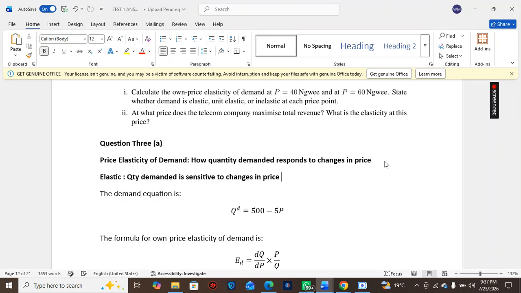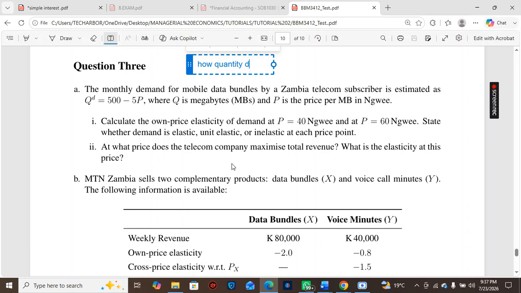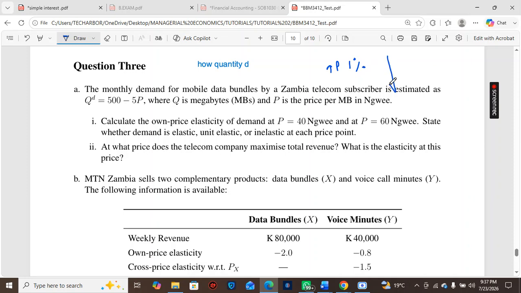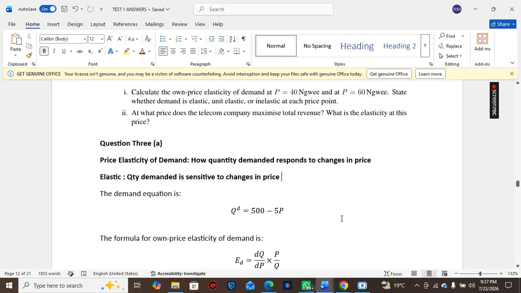This is an illustration of elastic demand: price increases by just 1%, and you find quantity demanded drops by, let's say, 20%. So when demand is elastic, quantity demanded is sensitive to price changes.